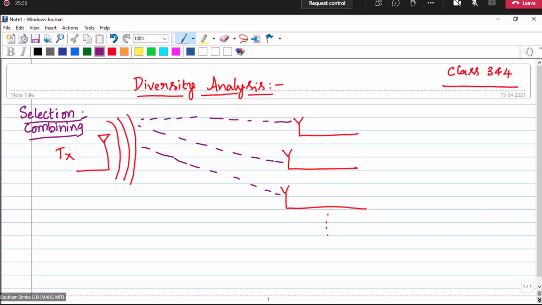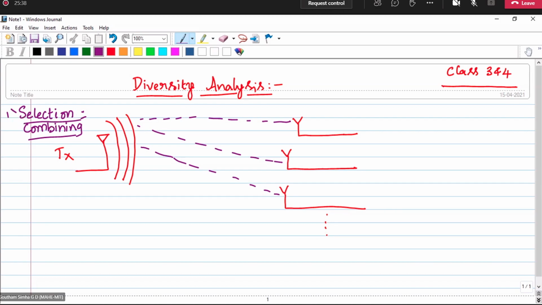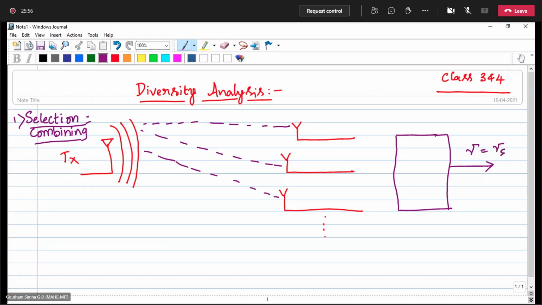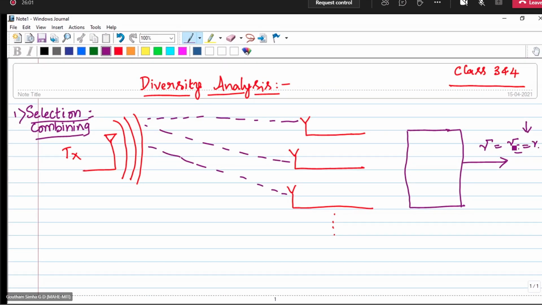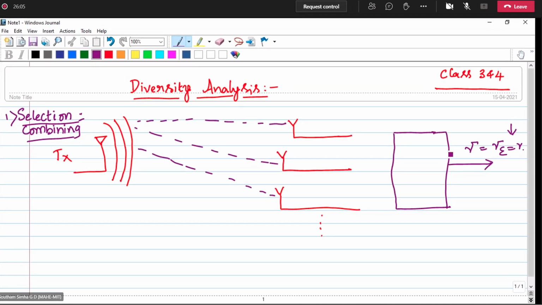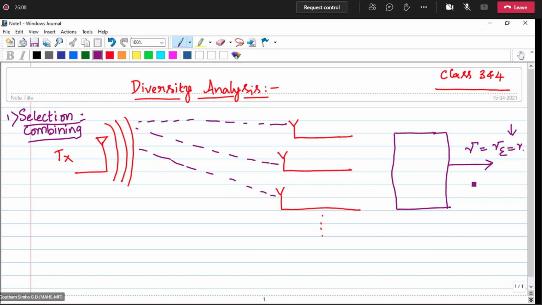In this selection combining technique, I have a combiner over here, and I'll get one output, gamma R, gamma summation, or gamma T, or whatever notation you want to use. Different textbooks follow different notation. Anything you can use, not a problem, as long as you understand what it is.